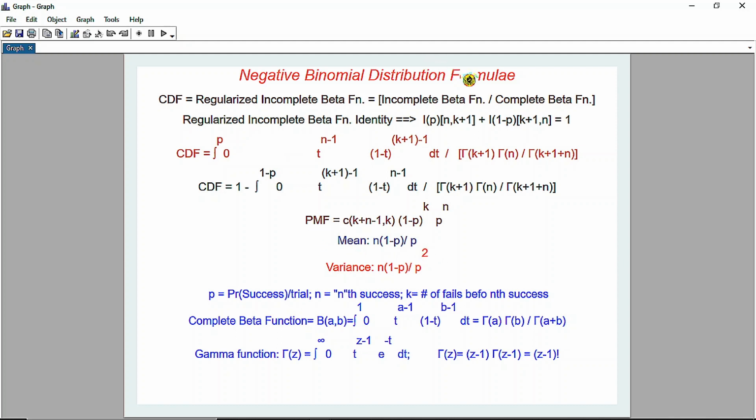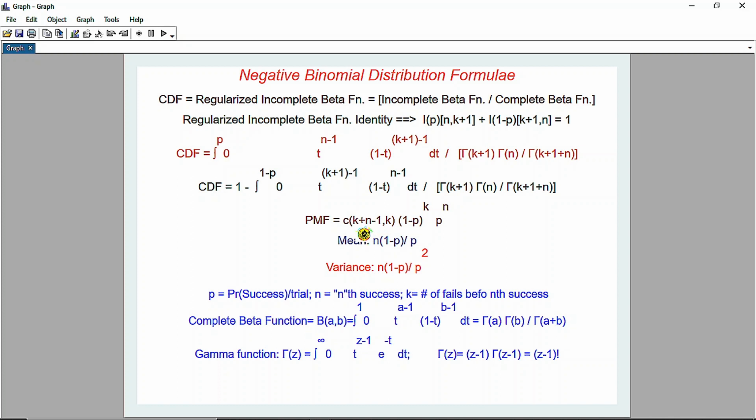The negative binomial distribution is a discrete distribution, and the calculation of the probability mass function is very easy. Combination of k plus n minus 1, k, and 1 minus p, the probability of failure, to the power number of failures, and probability of success p to the power n. And this is very simple.